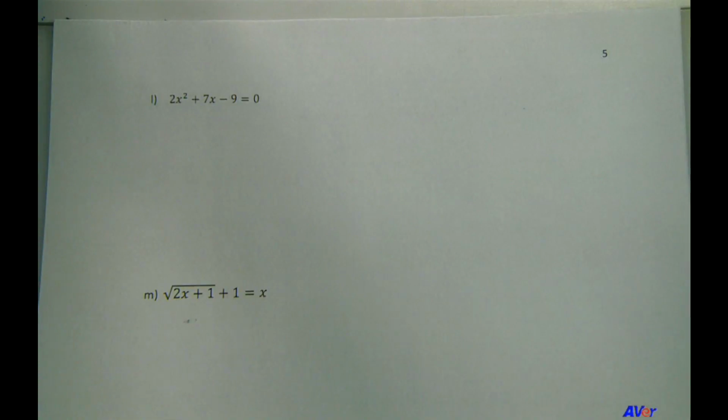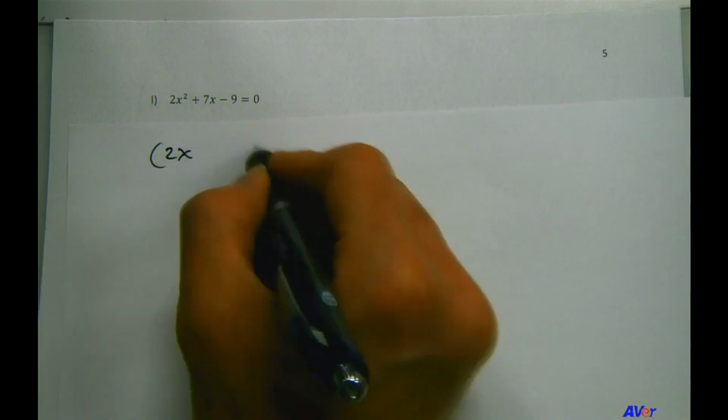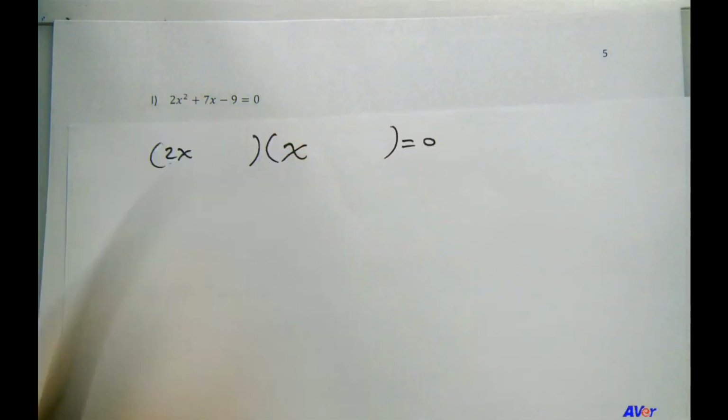Let's see if we can factor this. What two numbers multiply to minus 9 and add up to positive 7? Let me grab a piece of scratch paper here and find the factors. For 2x squared, we have no choice but to take that as 2x times x, right? That's going to give us the 2x squared.